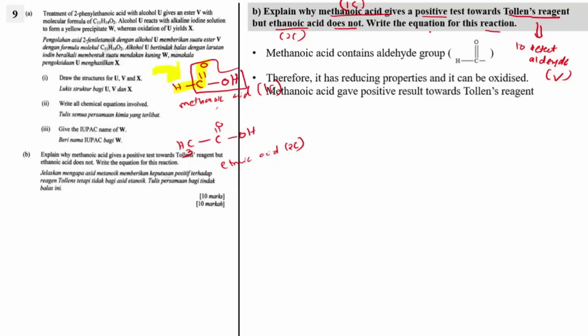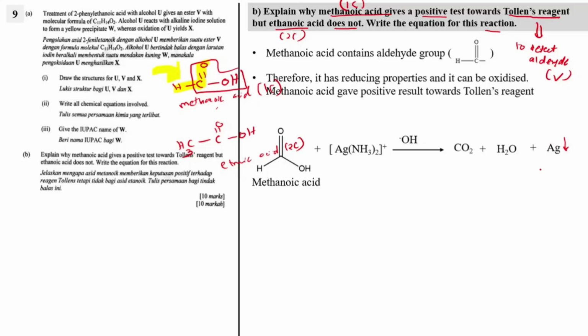And then we need to write the equation. Here is our methanoic acid, and Tollens' reagent is basically Ag(NH3)2+, the argentum ammonium solution in alkaline solution, in order to give carbon dioxide, water, and argentum, which is precipitated out.